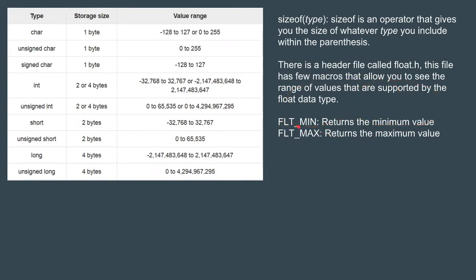For example, FLT_MIN and FLT_MAX are both part of float.h, and these are macros. So FLT_MIN returns the minimum float value, and FLT_MAX returns the maximum float value that is possible.